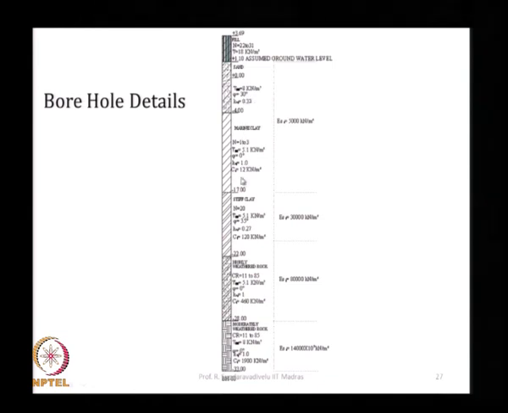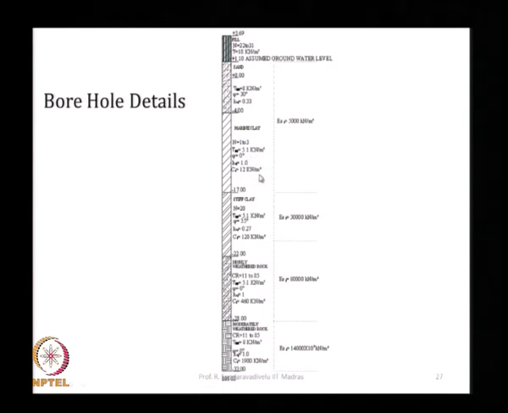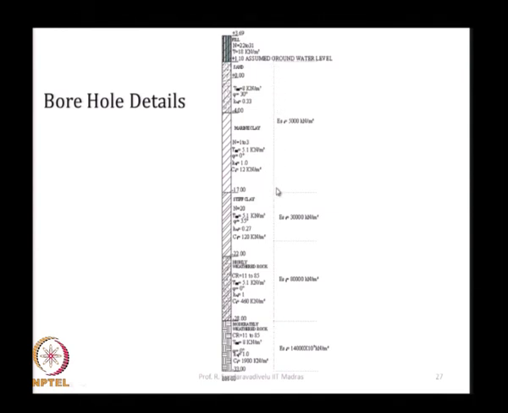From -4 to -17 we have marine clay, N value is 1 to 3, the density is also very less, 5.1, submerged density, I am sorry. Phi value is 0, K is equal to 1, C is equal to 12 kilonewton per meter square. Young's modulus for this soil is 5000 kilonewton per meter square.